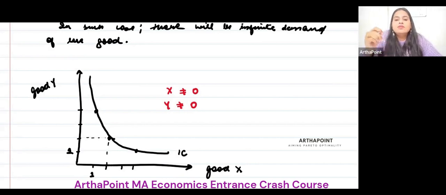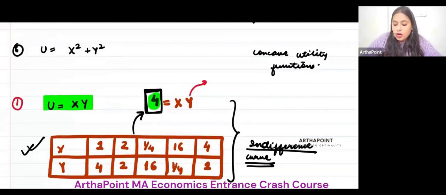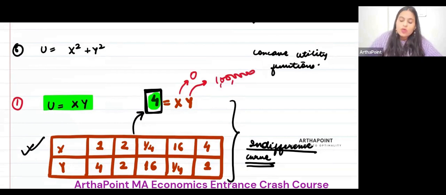So for example, if I tell you that in this case, I am going to give you 1 lakh units of good Y, but I'm going to give you 0 unit of good X, my utility remains 0. Similarly, if I give you infinite units of good X, but 0 units of good Y, then also my utility will be 0. So this is a case where X and Y are kind of complementing each other. You cannot get any level of utility. Even if you give a very, very small amount of X, I am fine.